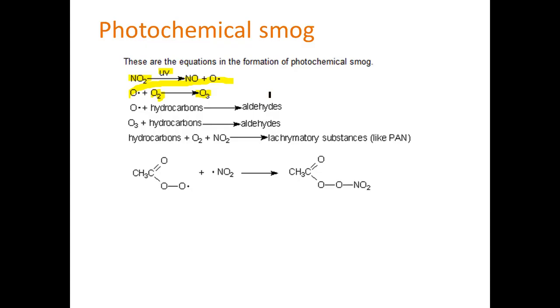Ground level ozone is not naturally available. But because of man-made activities, nitric oxide forms from nitrogen dioxide, and the oxygen radical combines with oxygen gas in the atmosphere to form the ozone molecule. Ozone also helps to form photochemical smoke. The oxygen radical reacts with hydrocarbons and creates aldehydes, and the ozone molecule also reacts with hydrocarbons to produce aldehydes.